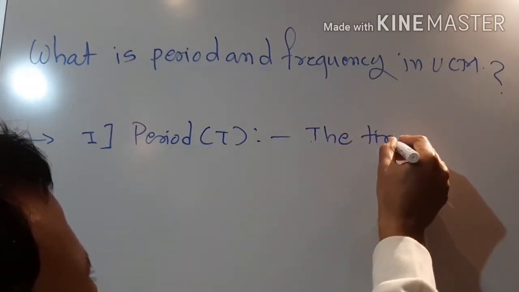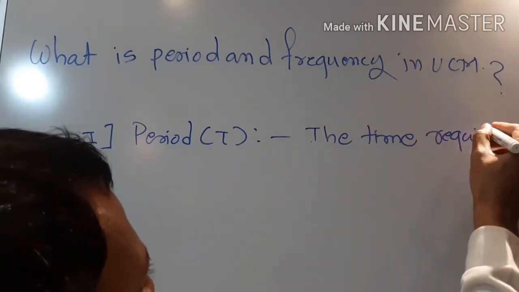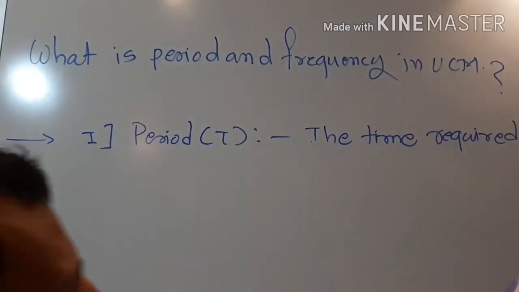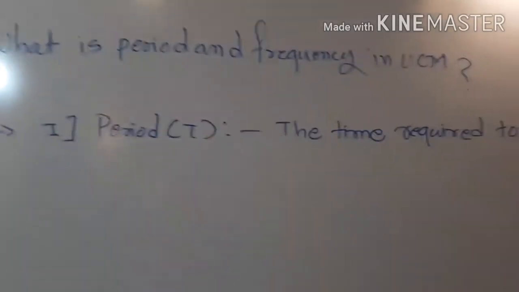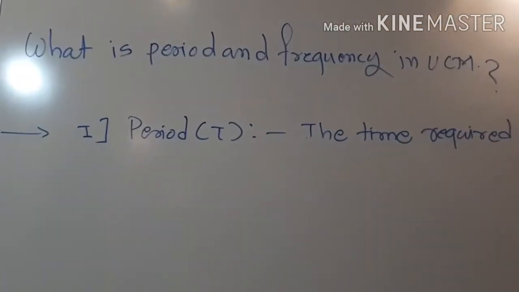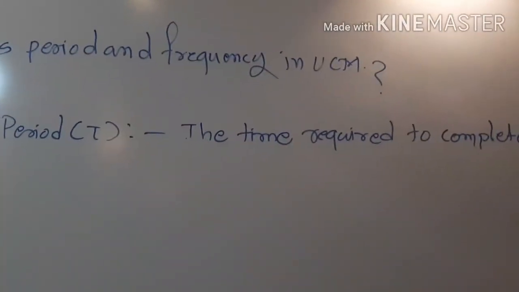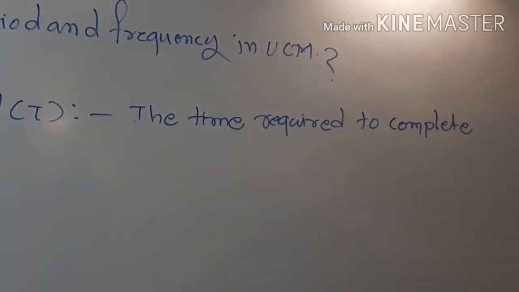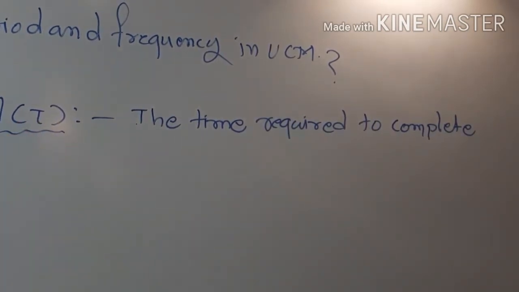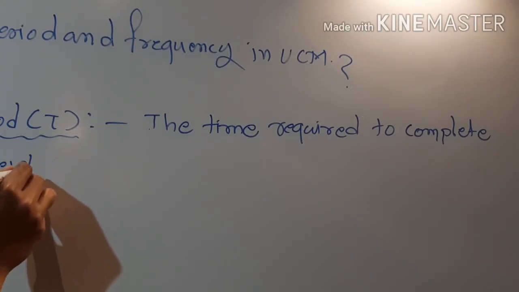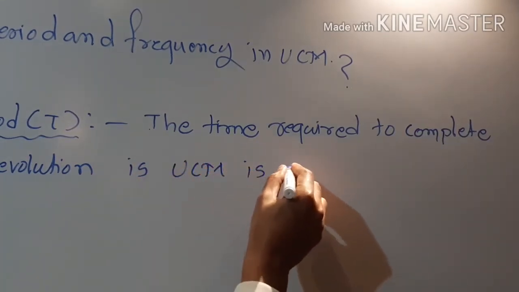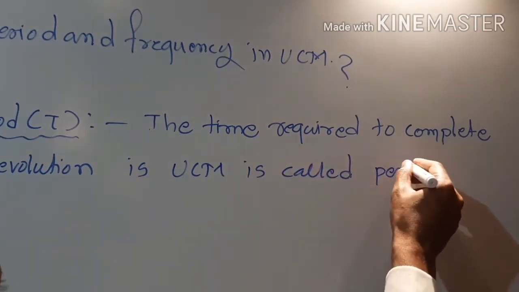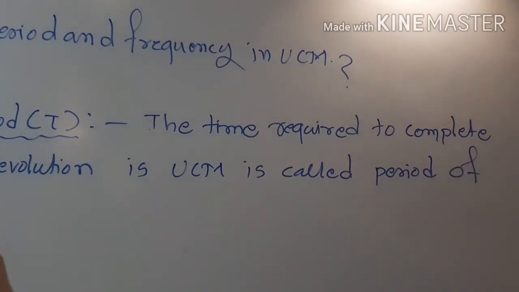The time required to complete one revolution in UCM is called the period of UCM.